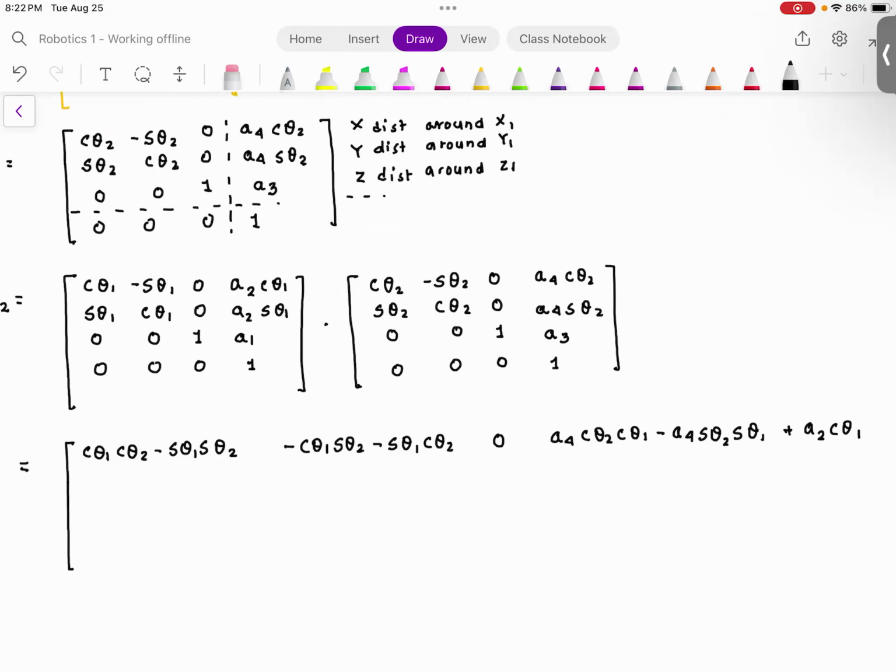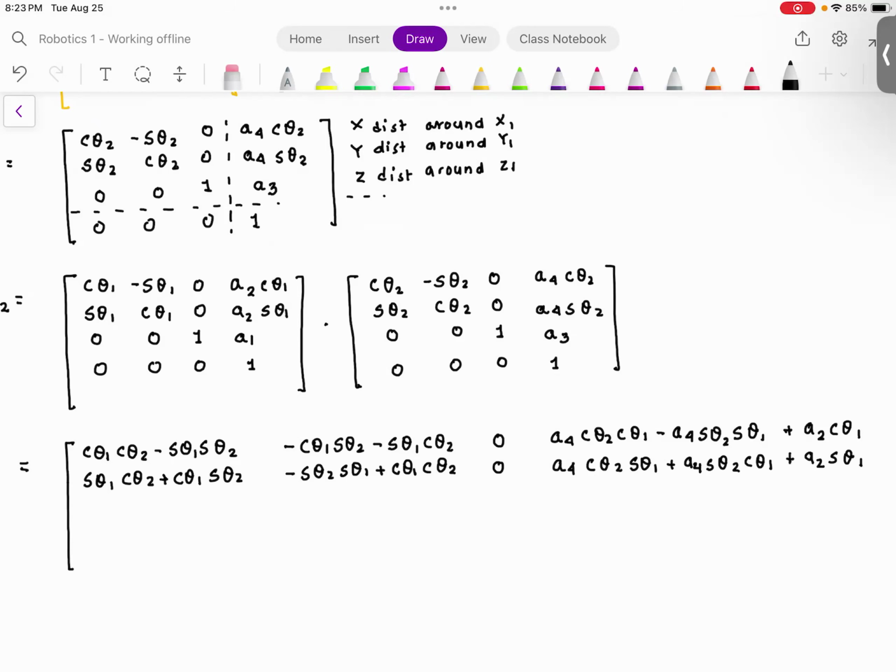Second row, first column, and that's going to give me sine theta 1 cosine theta 2 plus cosine theta 1 sine theta 2, minus sine theta 2 sine theta 1 plus cosine theta 1 cosine theta 2, 0, and what I would get here, so it will be A4 cosine theta 2 sine theta 1 plus A4 sine theta 2 cosine theta 1, and last but not least plus A2 sine theta 1.